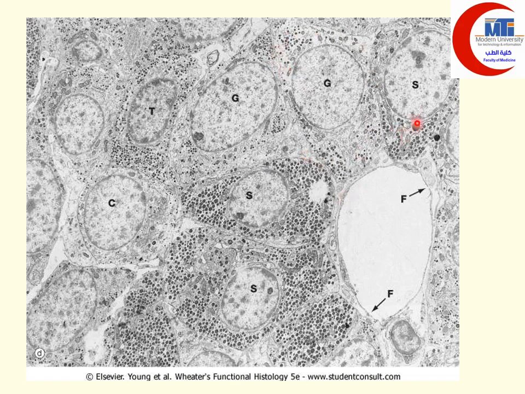Chromophile may be somatotrophs, gonadotrophs, thyrotrophs, and so on. But chromophobe contain no or few secretory granules inside. All chromophile contain secretory granules inside. So these cells are most probably chromophile and these cells most probably chromophobe.